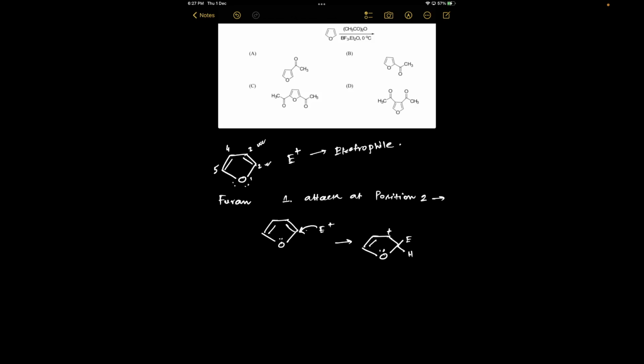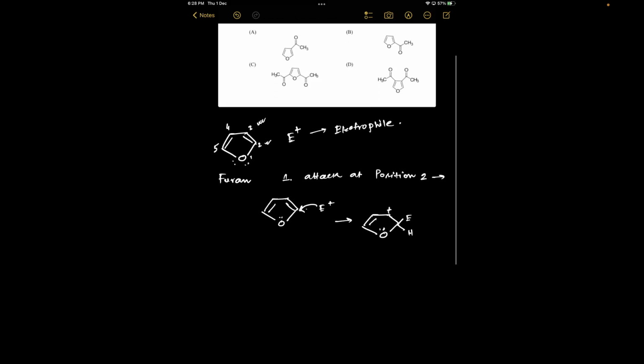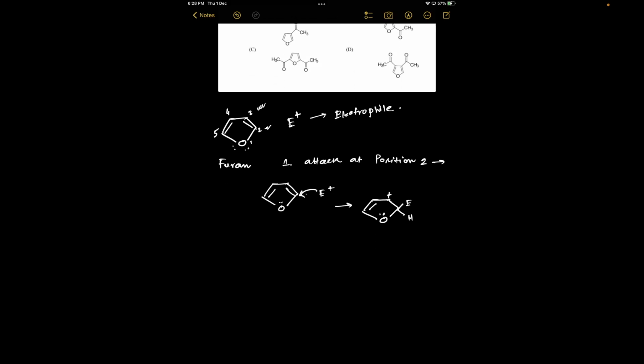There are actually 3 resonance structures possible. The pi bond can move here, so there will be a positive charge here and a double bond here.